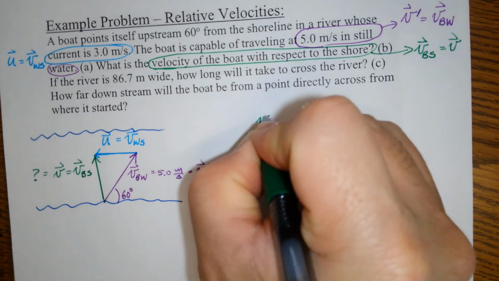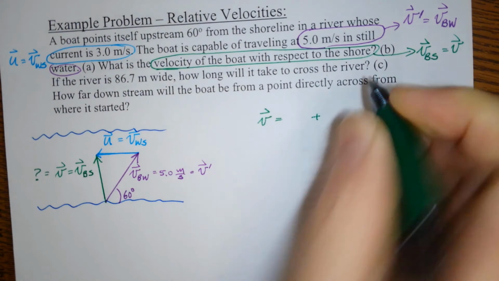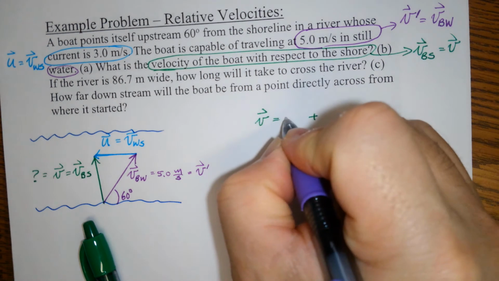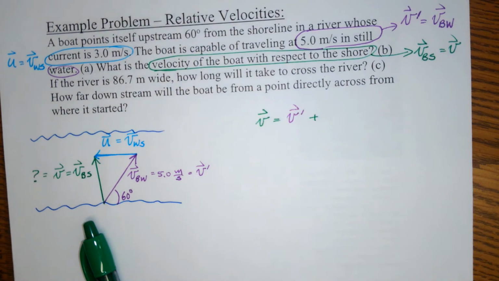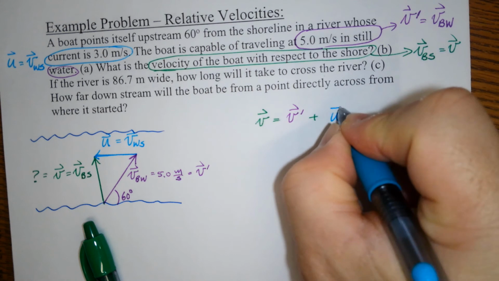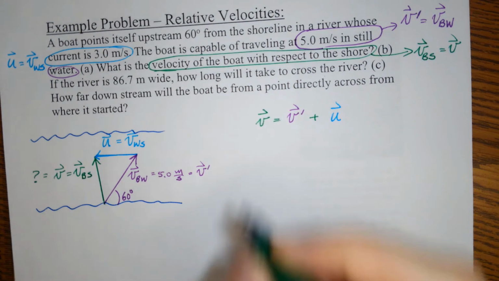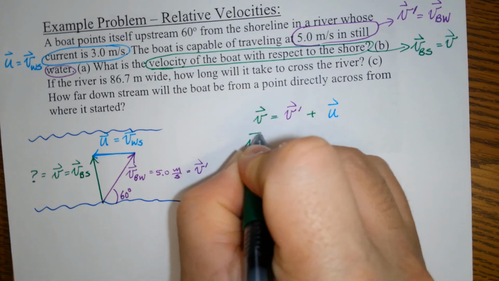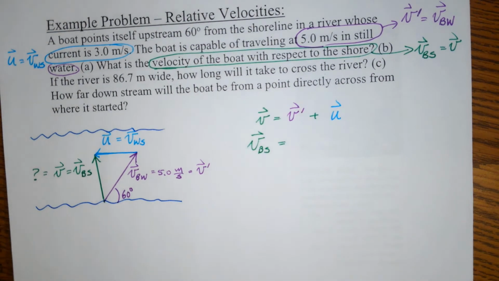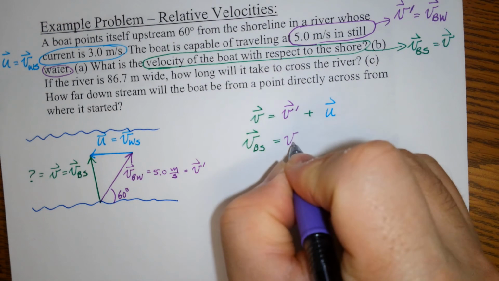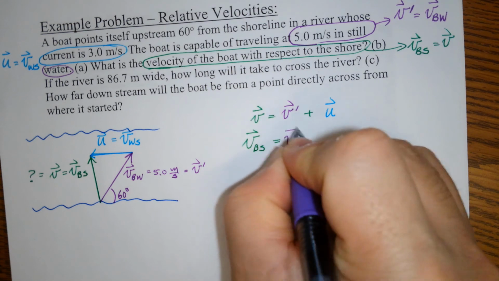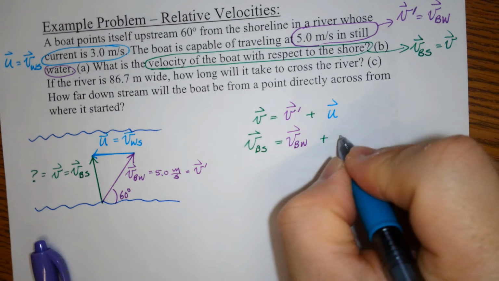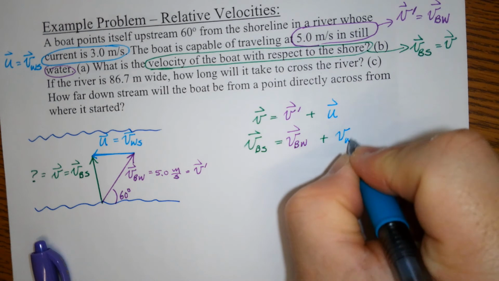So, to do this, you have to understand that V is equal to V prime plus U, or otherwise known as V boat with respect to shore is equal to V boat with respect to water plus velocity of water with respect to shore.